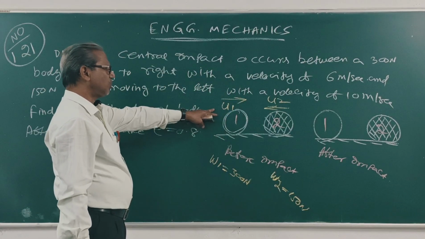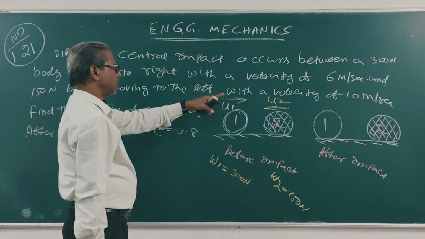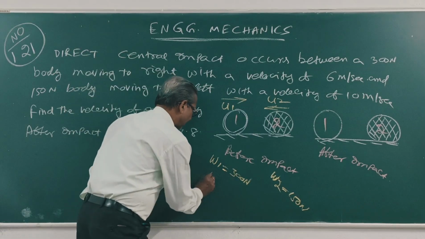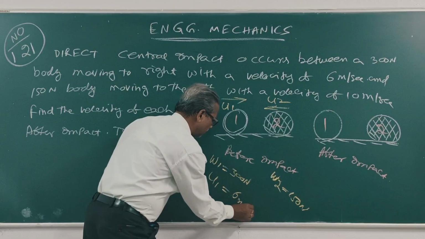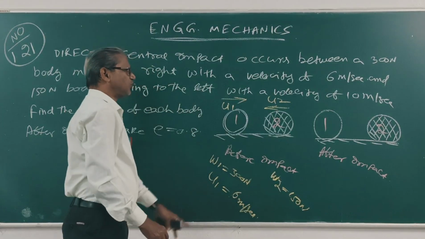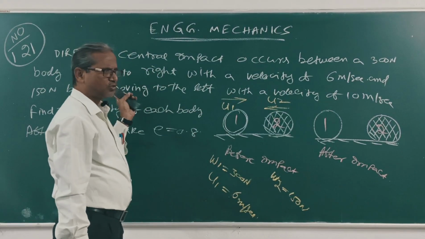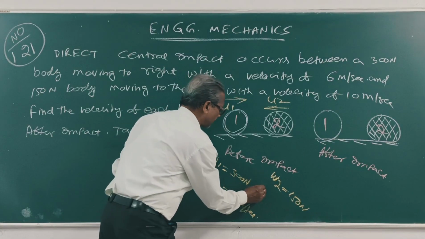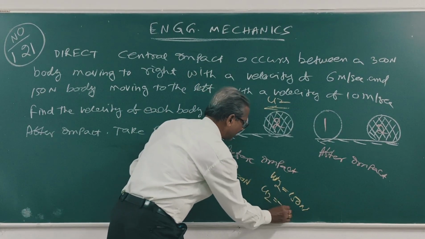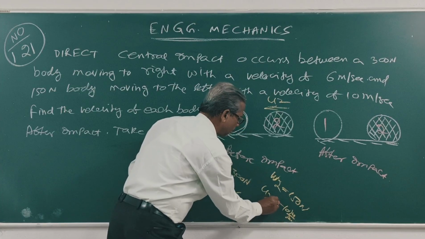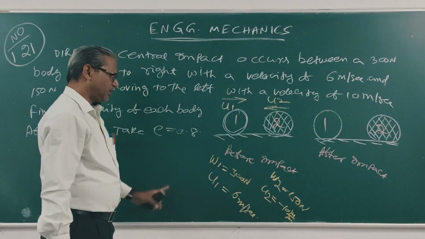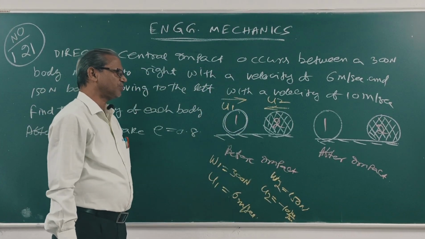U1 is equal to 6 meter per second towards right, so positive. U2 is towards left, so negative, minus 10 meter per second, right? U1, U2, W1, W2.